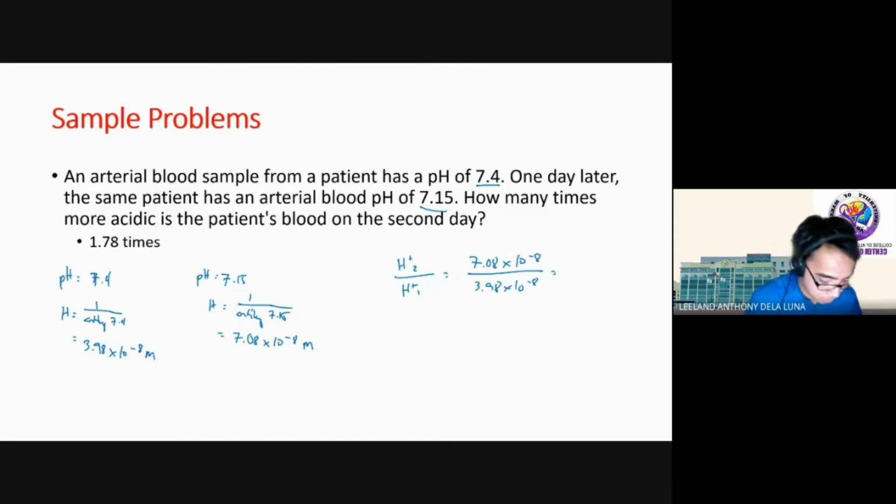That will give you 1.78. Okay? So the acidity class, the amount of hydrogen ions in the blood increased by 1.78 times.